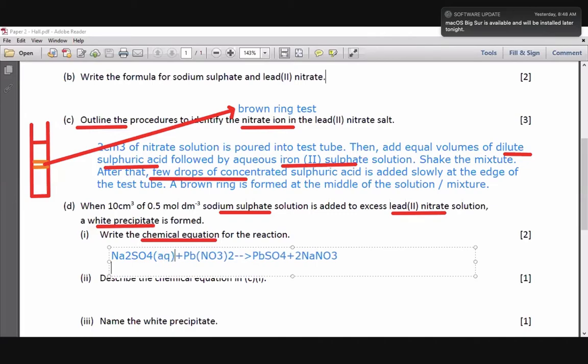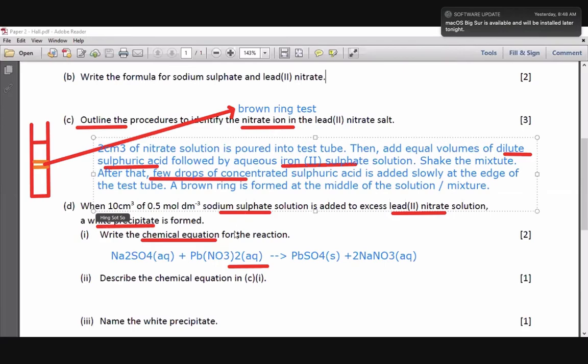Because for balancing, they give you 1 mark. Here you already put the 2 for the balancing. So if you want to secure your answer, you put the physical state. This is the same as your IGCSE one. Yeah, that is one. So just put that.